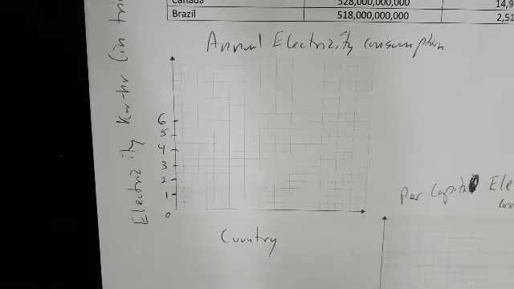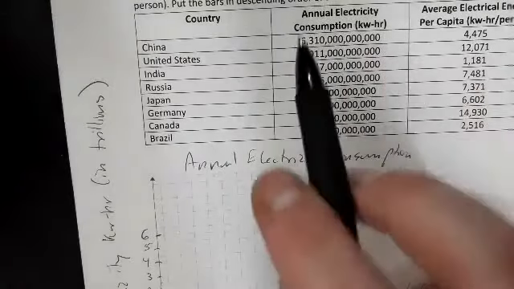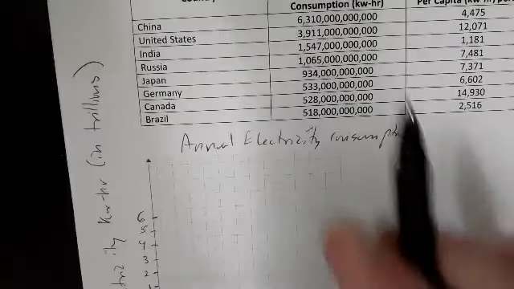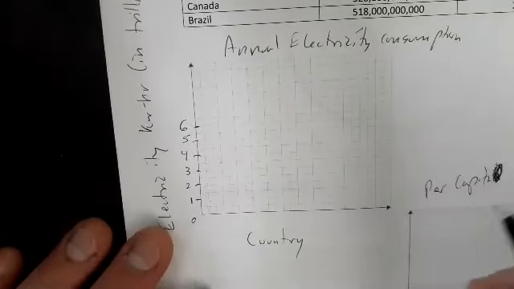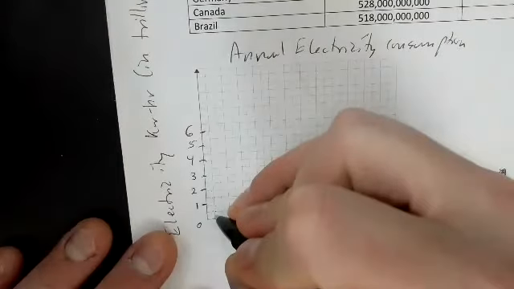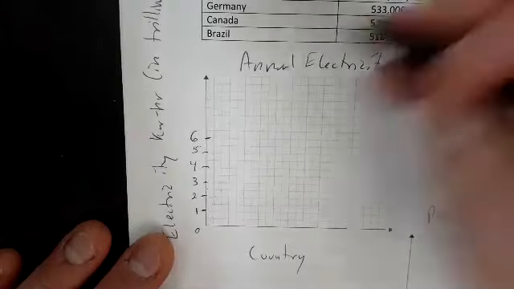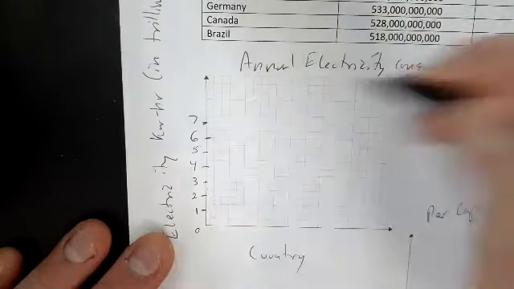Okay. Now I want to do these in descending order. Right away, take note that these are already in descending order, so I just need to write these in the right direction. Right here, I have China a little bit over 6 trillion, not quite 6.5.